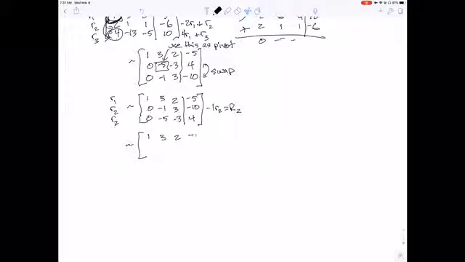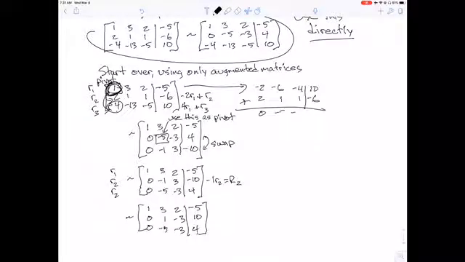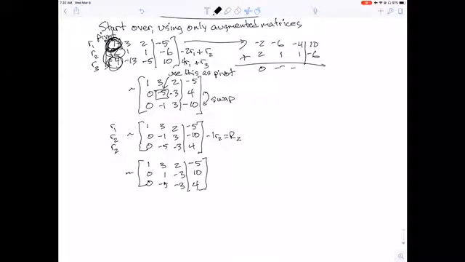So row 1 stays the same. My new row 2 just changes all the signs. 0, 1, -3, +10. And row 3 will stay exactly the same. And so if we take a look at where we started, we are now working our way through the process. We used 1 as the pivot.